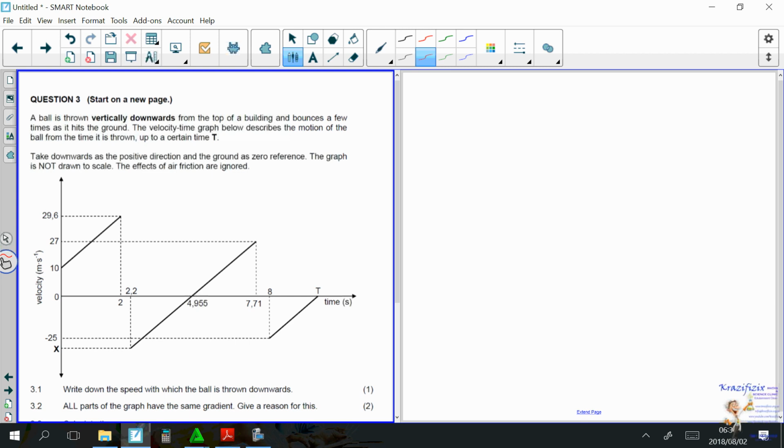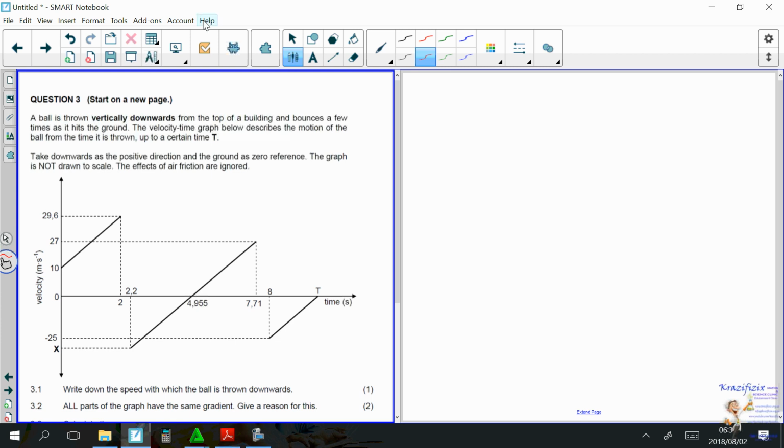The velocity time graph below describes the motion of the ball from the time it is thrown up to a certain time t. I actually advise that you need to be able to draw a graph from this question just by looking at it. Take downward as positive direction and the ground as 0 reference. The graph is not drawn to scale.